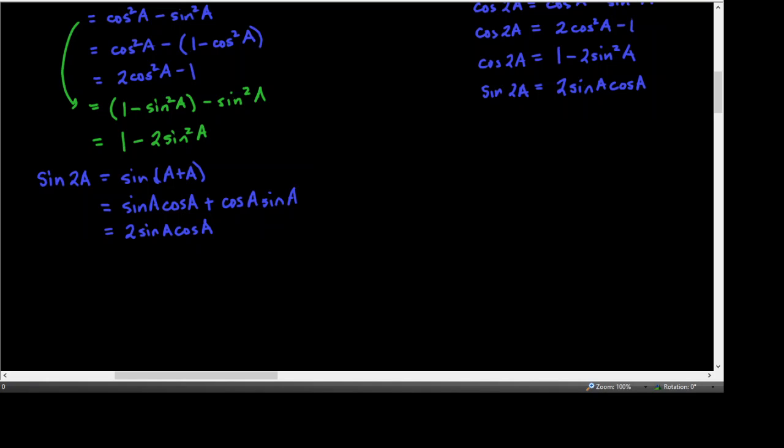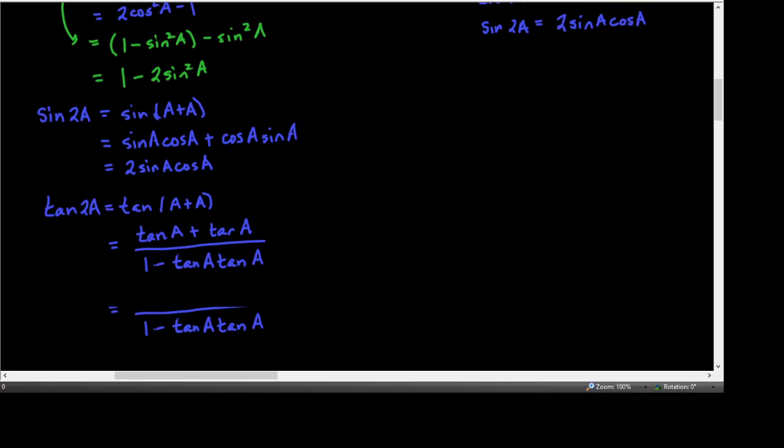Okay, so let's try tangent of 2A. Well, we seem to have a winning strategy here of thinking of 2A as A plus A. So we might as well stick with it. And tangent of a sum is tangent of the first, keep the sign, tangent of the second, divided by 1, change the sign, tangent of the first, times tangent of the second.